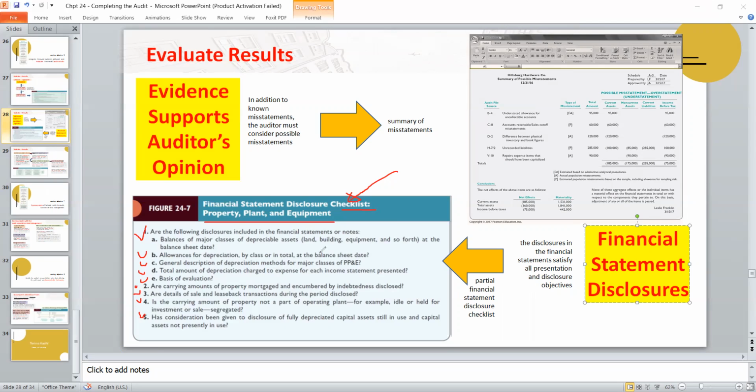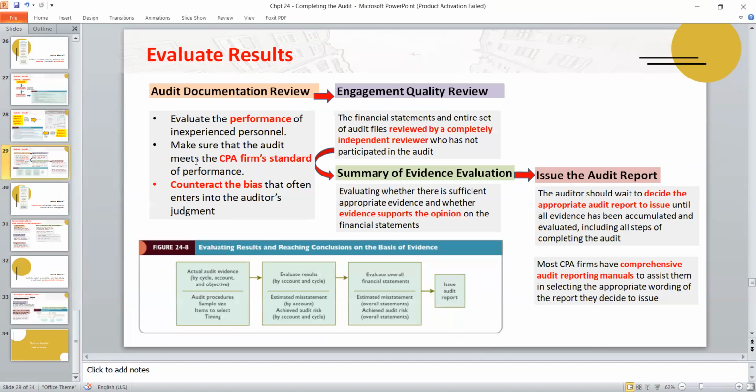If all of the answers to these questions are good, then they can have the unmodified opinion. So this is for evaluating the results. You have the checklist, and you have the summary.